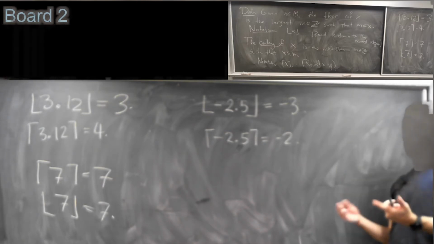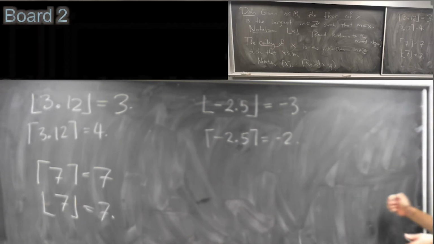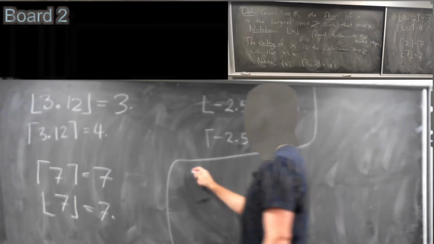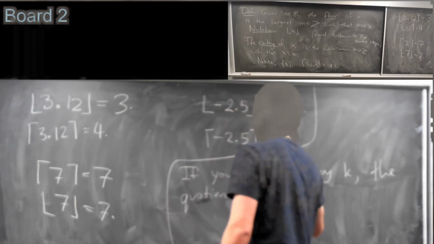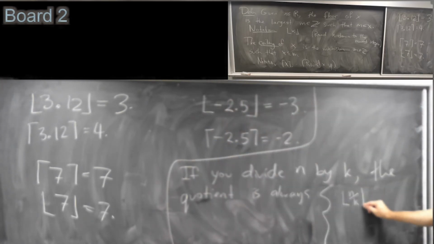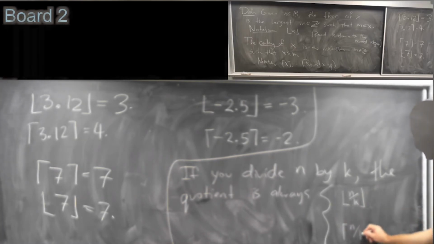So how does this connect to this quotient and remainder stuff? Well, if you divide n by k, the quotient is always going to be the floor of n over k or the ceiling of n over k, like I said.